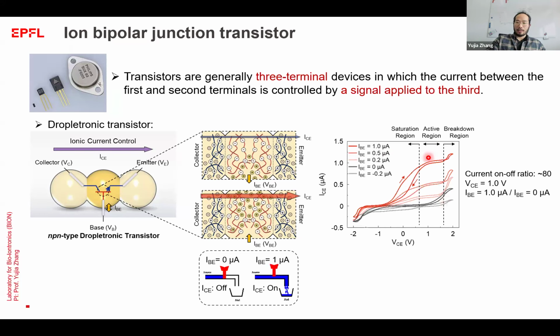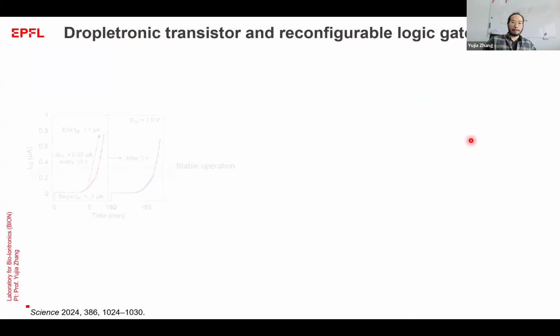As shown on the right-hand side in the data figure, we can achieve a very high on-off ratio, about tens to hundreds, depending on the droplet size as well, which is comparable to state-of-the-art iontronic devices. And our system is much smaller than their larger scale devices.